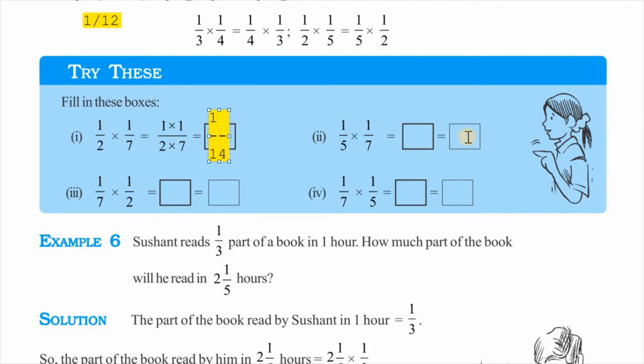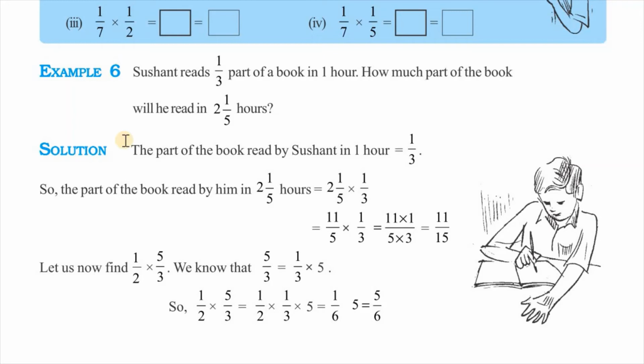Whenever you have two blanks, it's just saying you can write the other way around also. So 1 by 5 into 1 by 7 is the same as 1 by 7 into 1 by 5. Now, I encourage all of you to try the third one and fourth one on your own. Observe that the fourth one and the second one are the same, and the third one and the first one are the same.